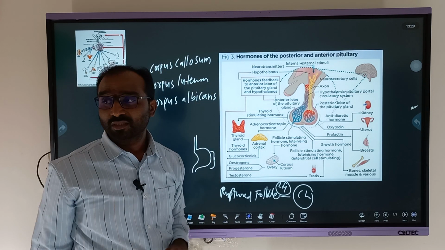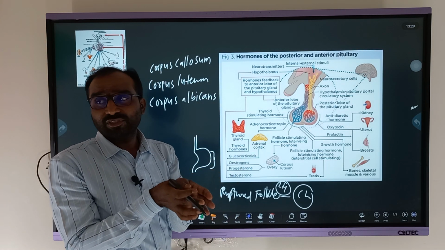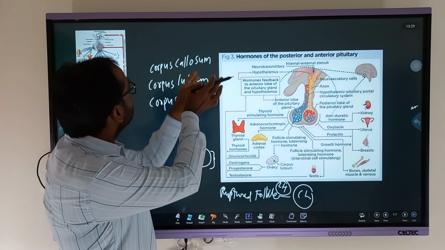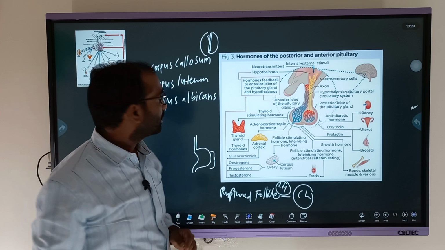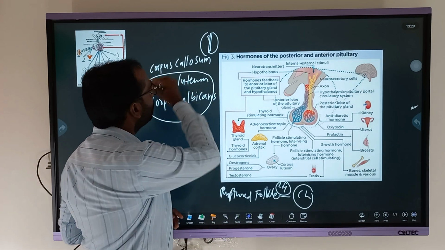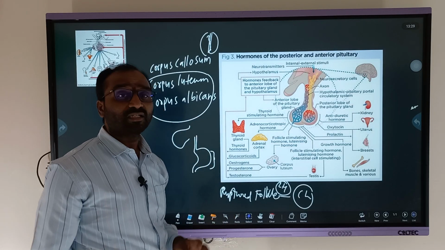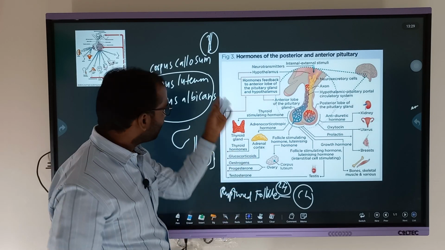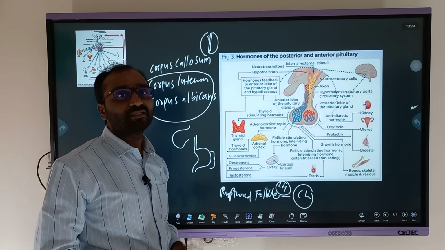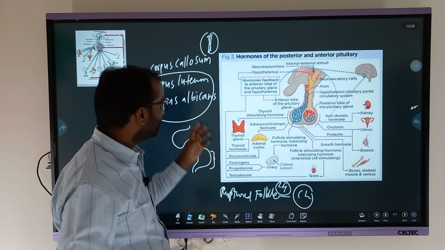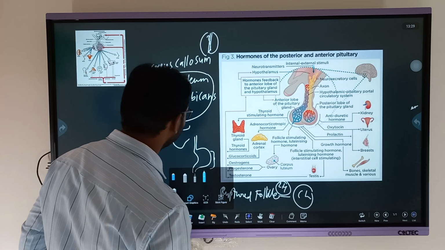Corpus callosum connects the two cerebral hemispheres. Corpus luteum is a yellow colored mass of tissue where the ruptured follicle is converted. After that, the yellow mass of tissue is transformed into a white colored structure. The white colored tissue is nothing but what? Corpus albicans.